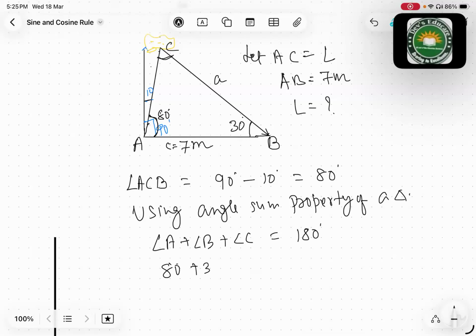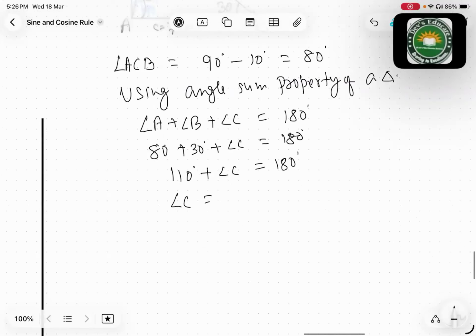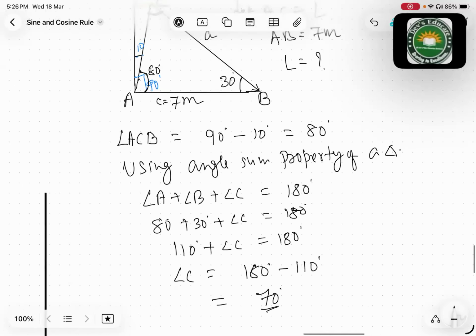Angle B is given as 30 degrees. So angle C will be what? This is 110 degrees plus angle C equals 180 degrees. So angle C can be obtained as 180 minus 110 degrees, that becomes 70 degrees. So now angle C is 70 degrees.